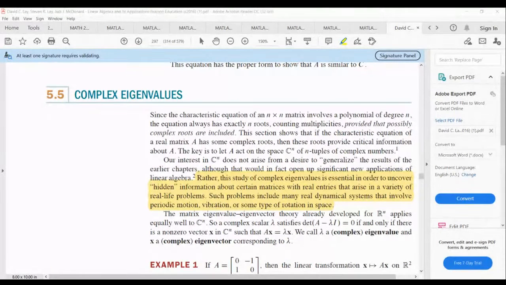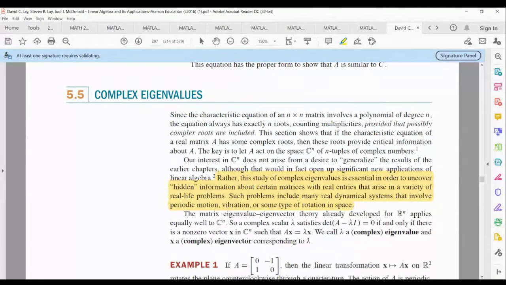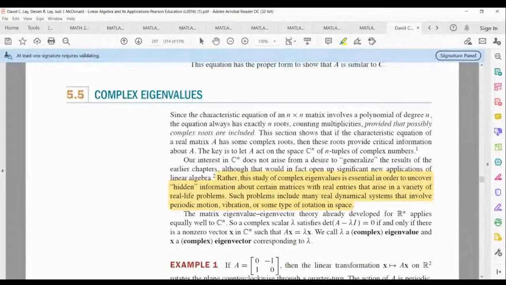This is the important sentence here with complex eigenvalues. But let me see here. Do we need this? Can we get rid of that? Yeah. I like making the print bigger, but then I have to make adjustments in the window.